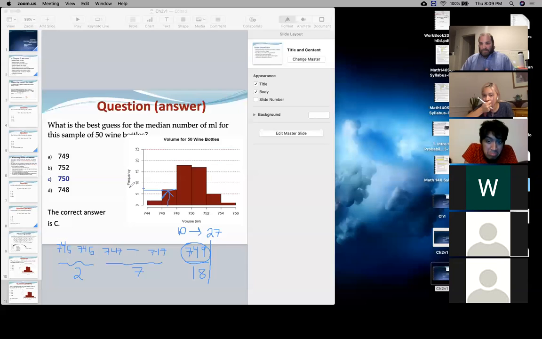Well, I think what led a lot of people astray is the word guess, best guess. And what would lead us to the actual answer, which you plotted out, would be not guessing. It would be finding the exact place. And you know what? Maybe that's what the author of these PowerPoints meant.